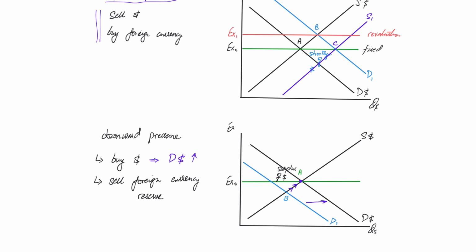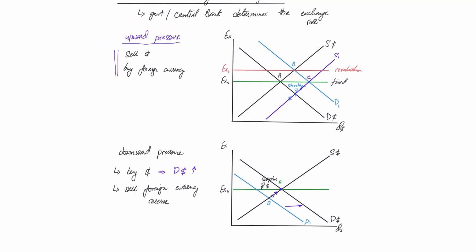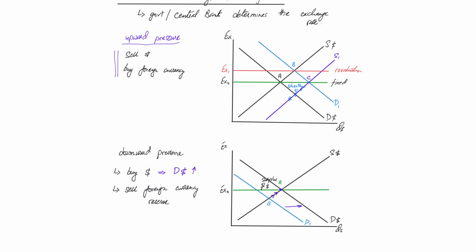I would like you to stick with this one. Okay, so any kind of downward pressure, the main thing is you need to know this: when you're buying your currency and when you're selling your currency, in exchange for the foreign currencies. And that's how you deal with our second case of the exchange rate system.